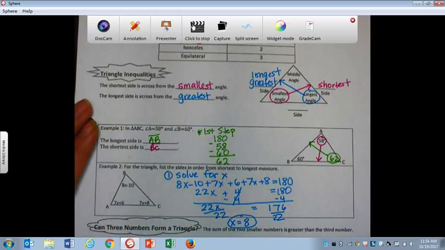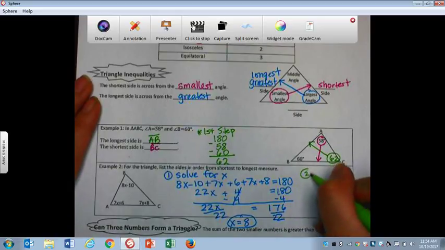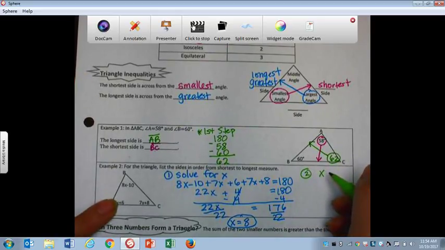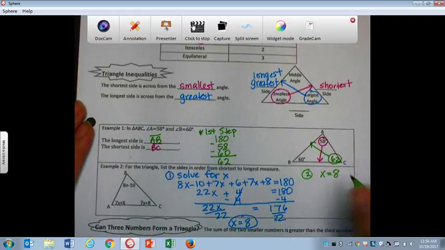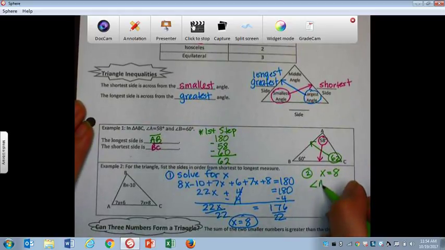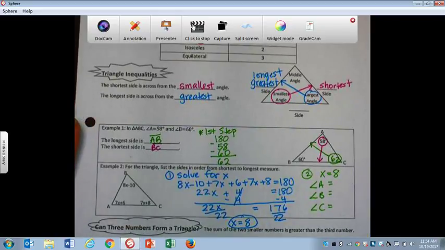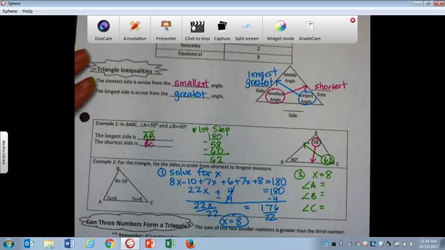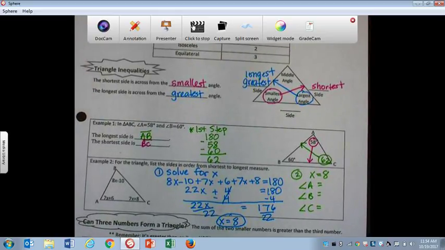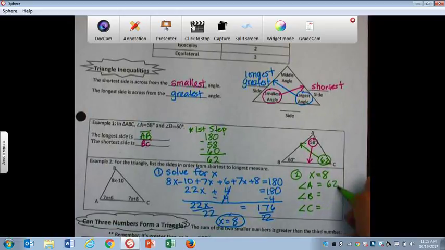So now step 2 would be to plug in x equals 8 to all your angles. So what is angle A, what is angle B, and what is angle C? Give you a minute to do that. After calculating, I got 62, 54, and 64.